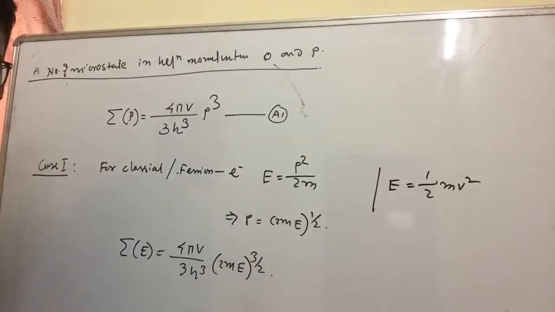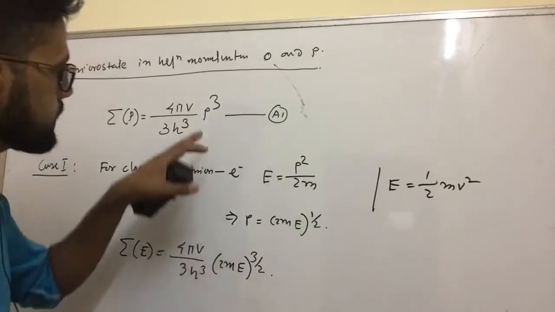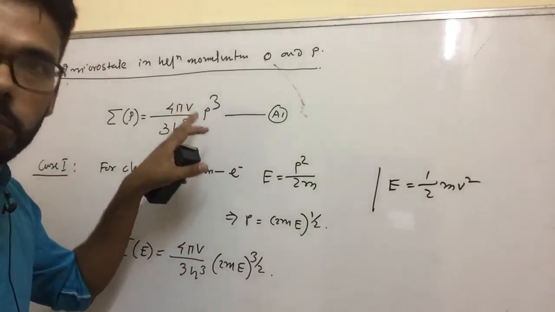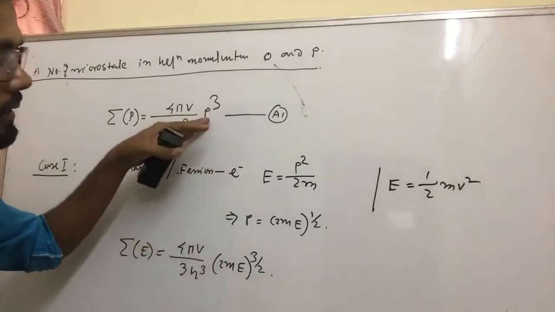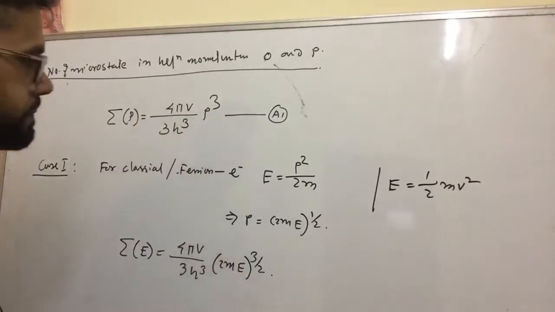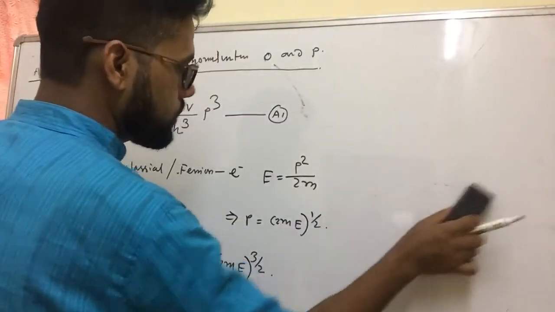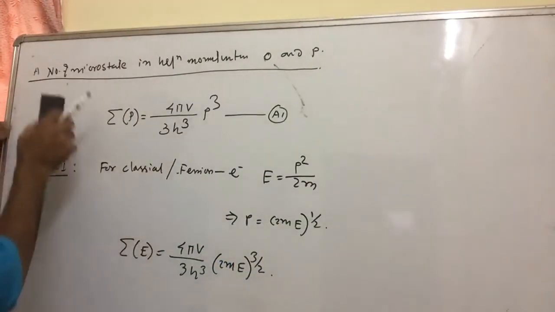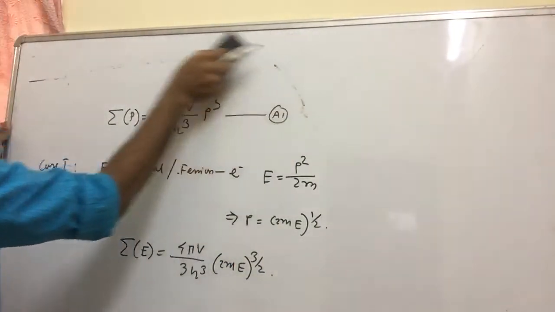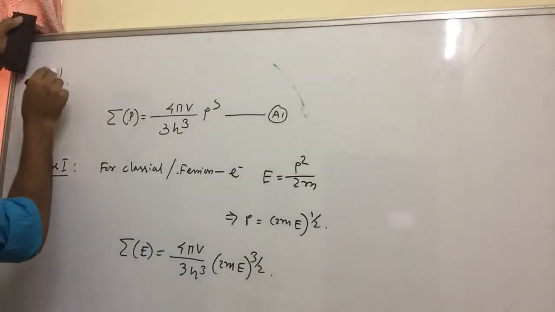Is it okay? This is the number of microstate in terms of energy, and this is my number of microstate in terms of momentum. Clear? You can transform from here to there and vice versa. Now next we are going to calculate the density of state. This is the number of microstate. Now I am going to calculate the density of state for fermions or bosons.